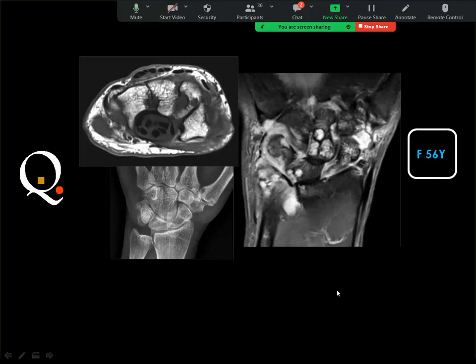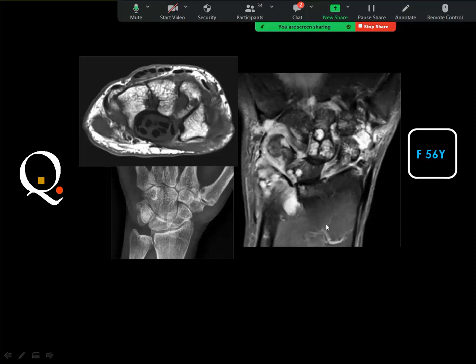And synovial thickening is usually appreciated much more if you inject contrast material, but this case is presented to see the discrepancy between the X-ray and the MRI findings.